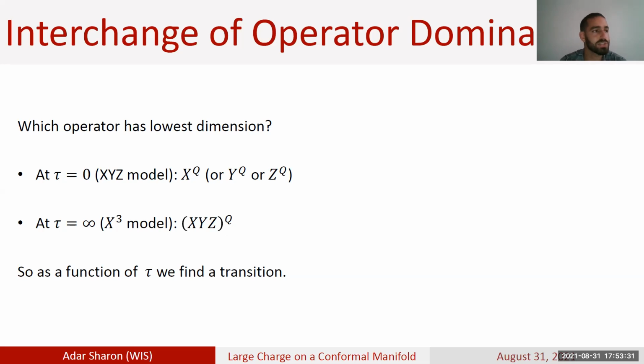In theory, you can do this computation in the epsilon expansion. It's not difficult. In order to actually find which operator is the one with the lowest dimension, we haven't done this computation, but this is already enough to see that it has to change with tau. It has to depend on where you are on this conformal manifold.